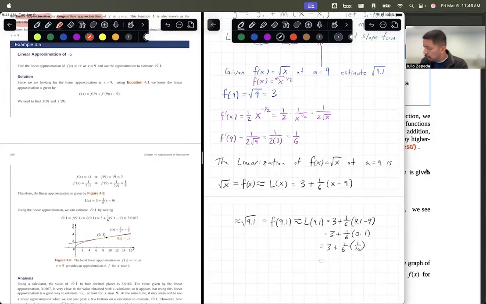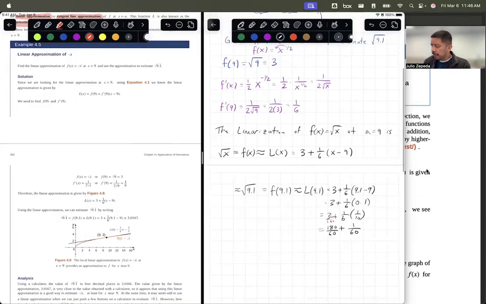And so we can multiply those fractions to get 1 over 60. And if we get a common denominator of 60, then we end up with 180 over 60. And so this is equal to 181 over 60.